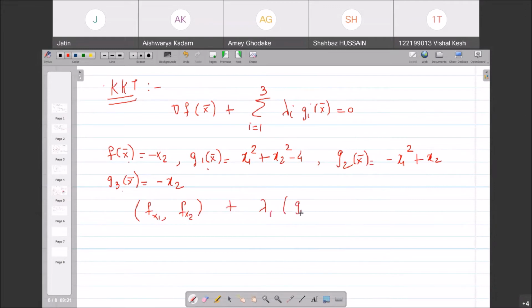Okay, so g1 with respect to x1, g1 with respect to x2, plus lambda 2 into g2 with respect to x1, g2 with respect to x2, plus lambda 3 into g3 with respect to x1, g3 with respect to x2, this is equal to 0.